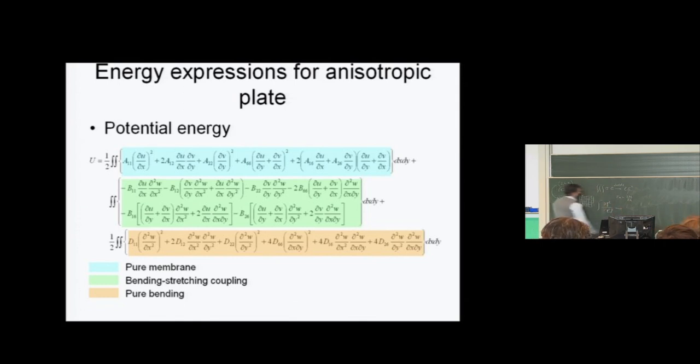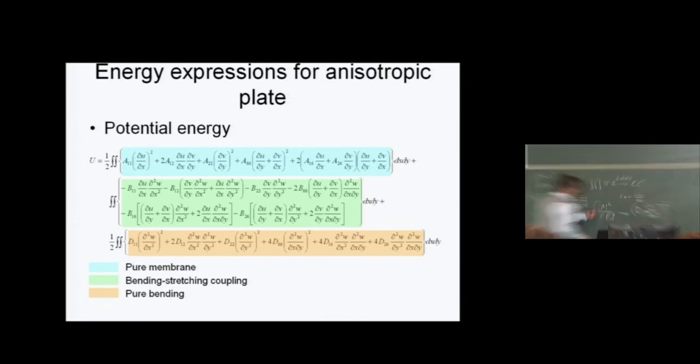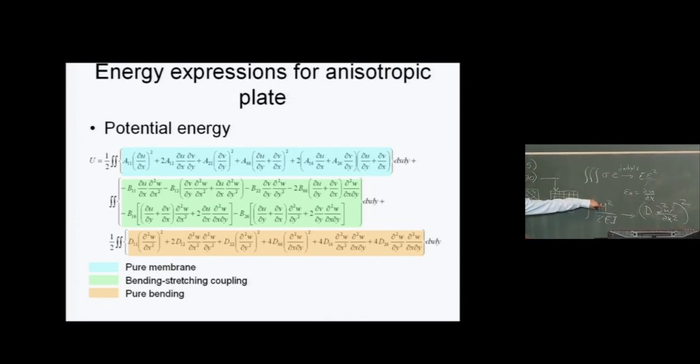Or instead, I can write my moment as a D times d2w dx squared term. Moments like Mx is D11 d2w dx squared with a minus sign and so on.